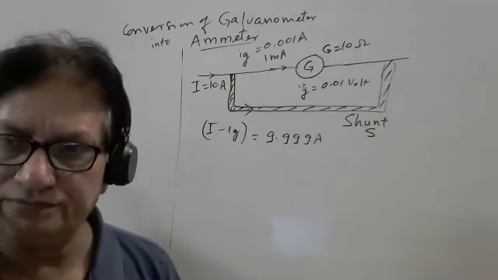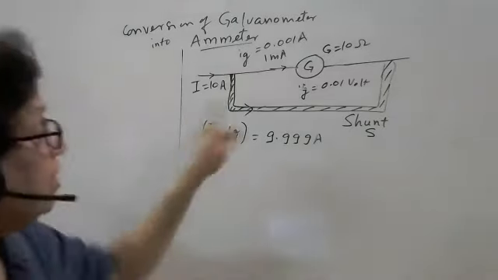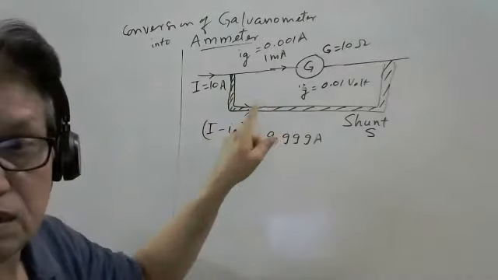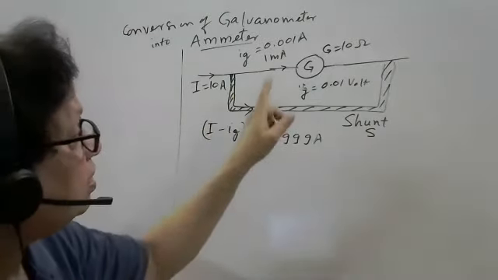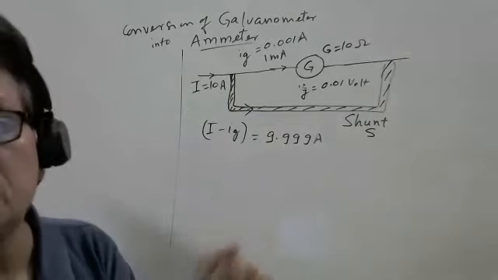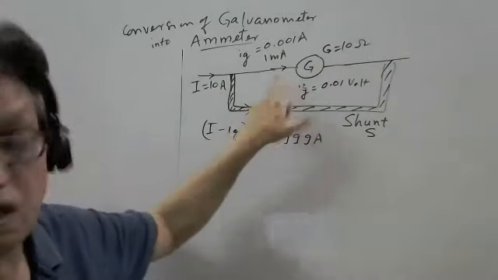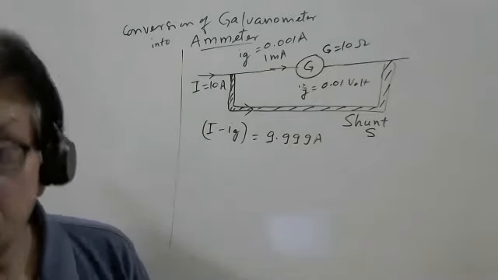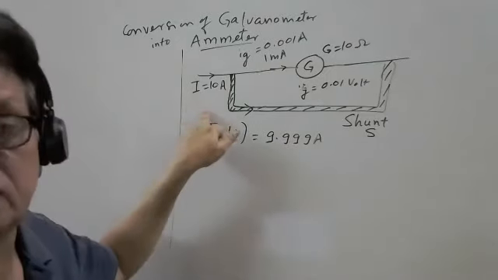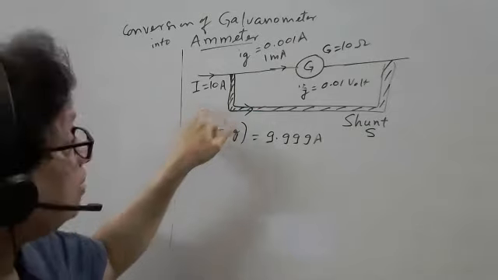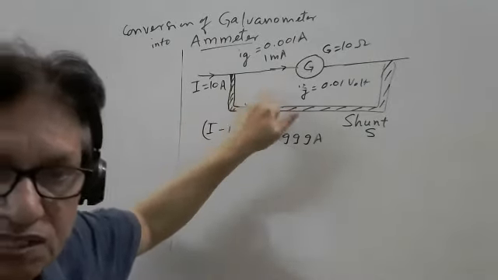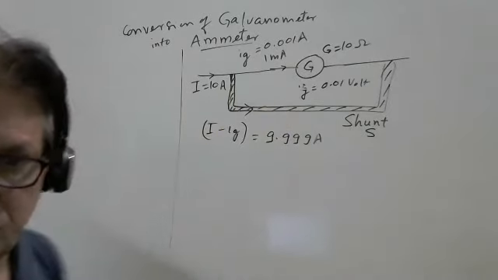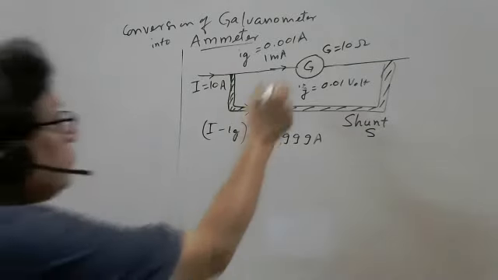Here 1 milliampere current is passing through the galvanometer, and only 1 milliampere. If it is more, the galvanometer is very sensitive, it will burn out. We have to measure a large amount of current, and at the same time we have to protect it.